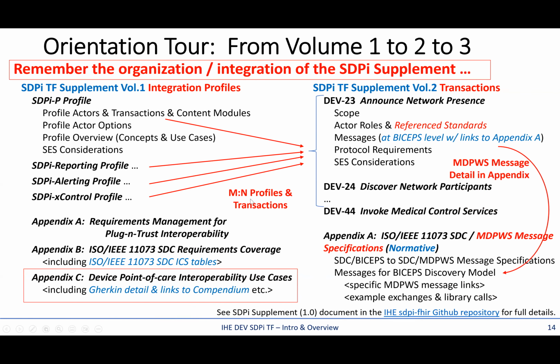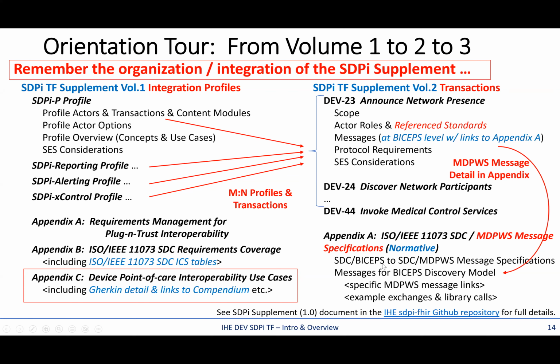But what is unique, and you can have a transaction that's used in multiple profiles. So that's one thing. The other is that, as we've done in the IHE devices technical framework, the protocol specific content is in a subsequent appendix within volume 2. So the medical device profile for web services, the web services messaging, all of that detail is in Appendix A. And the Appendix A then points to the various transactions that it supports, as well as shows extensions and other things.